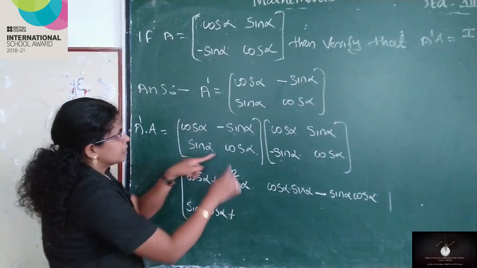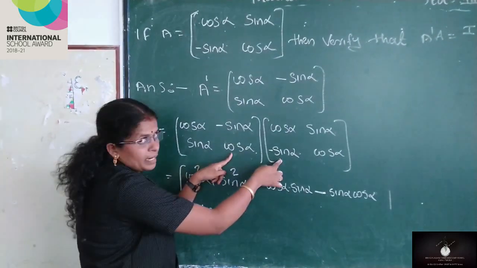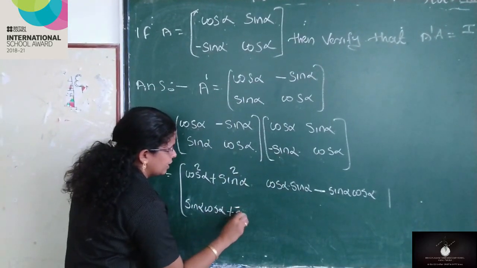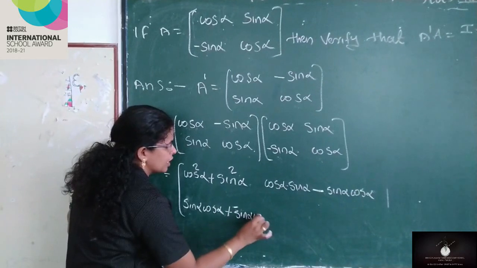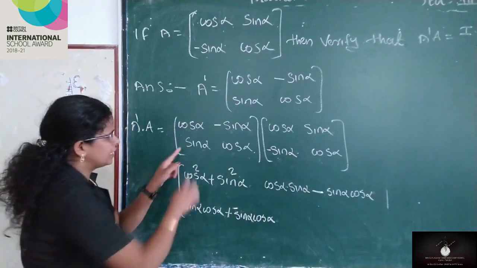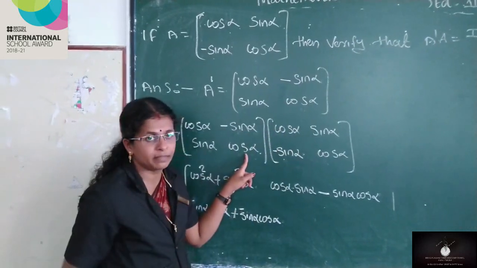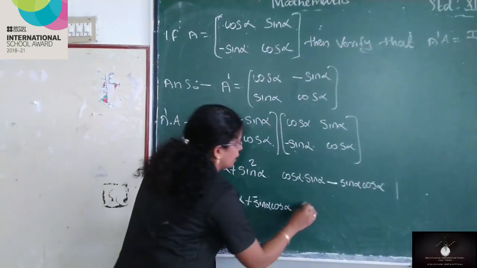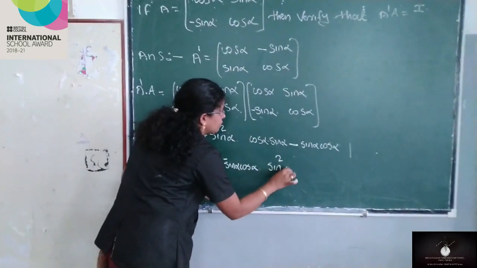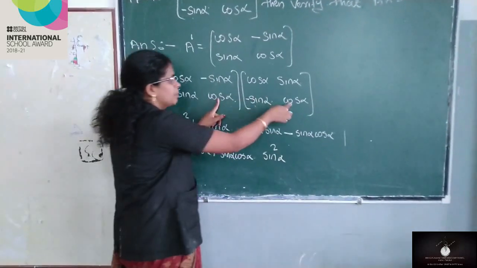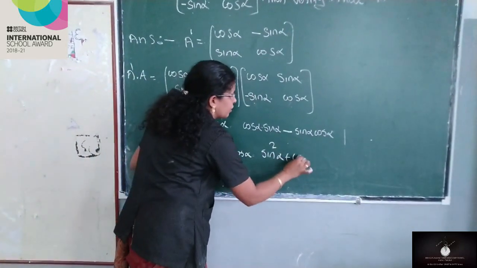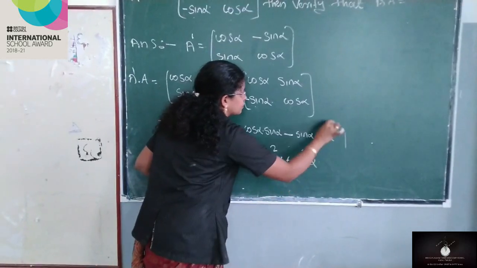Plus cos alpha into minus sin alpha, that means minus sin alpha cos alpha. Okay, the second row into second column. Sin alpha into sin alpha is what? That is sin square alpha. So sin square alpha, then cos alpha into cos alpha, cos square alpha.